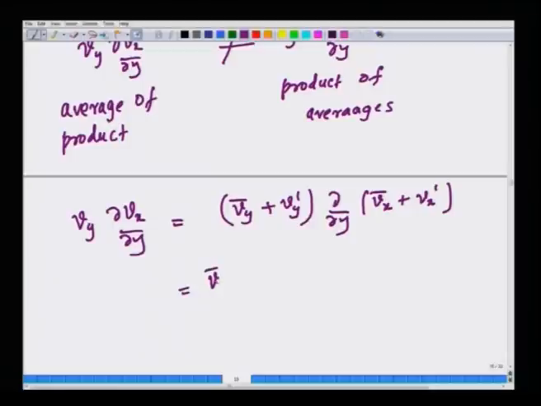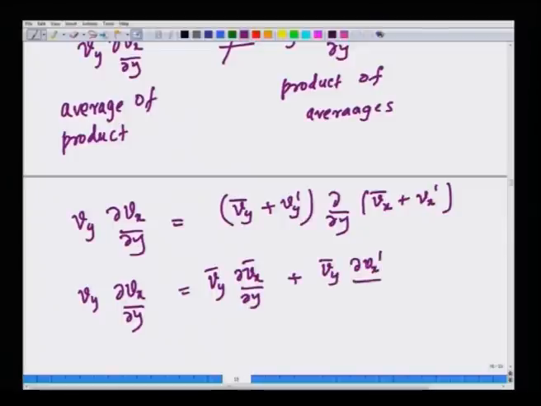So V y partial V x by partial y is V y bar partial V x bar by partial y plus V y bar partial V x prime by partial y plus V y prime partial V x bar by partial y plus V y prime partial V x prime by partial y.